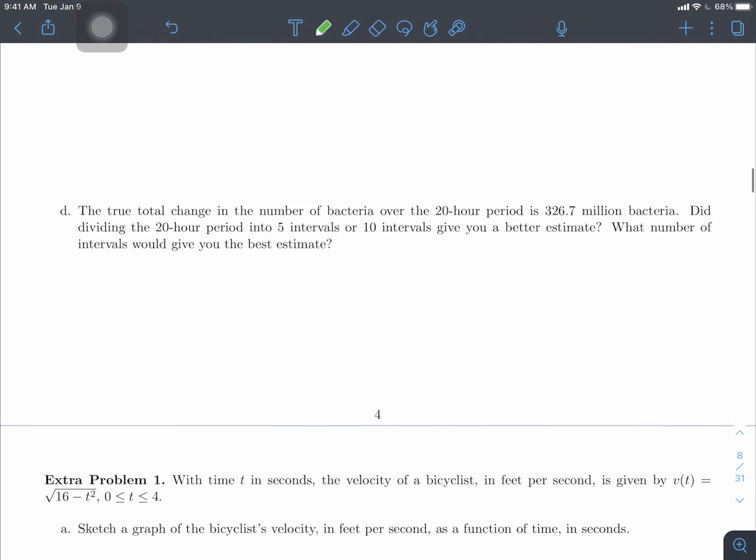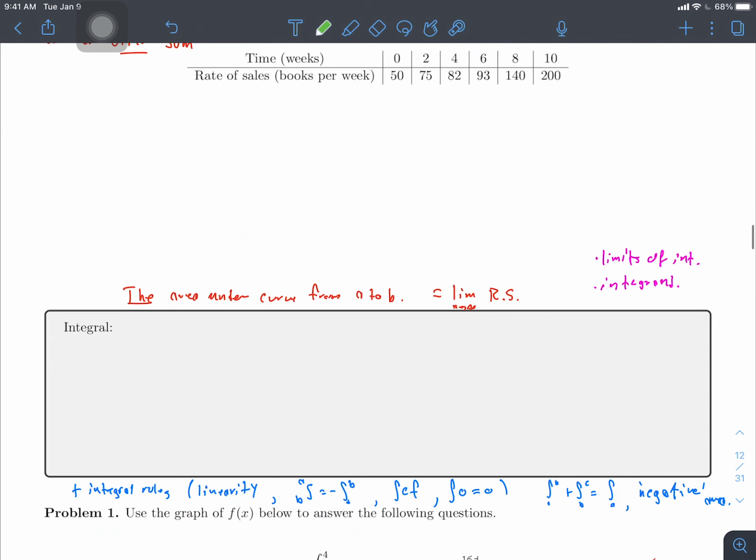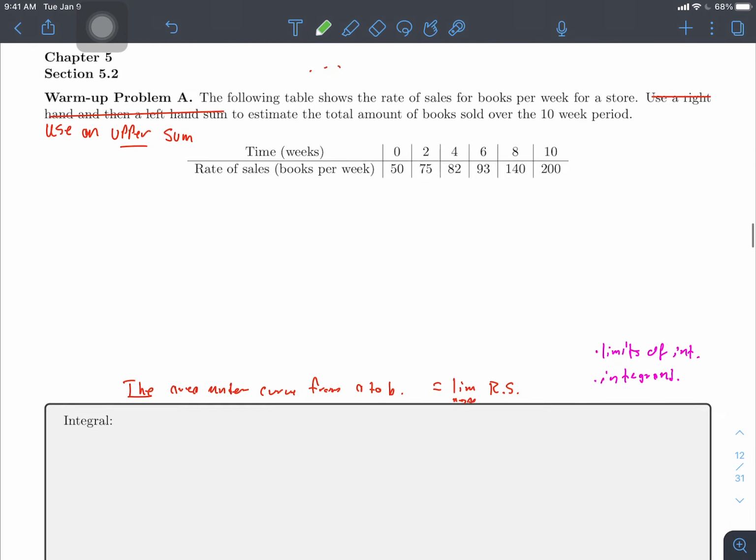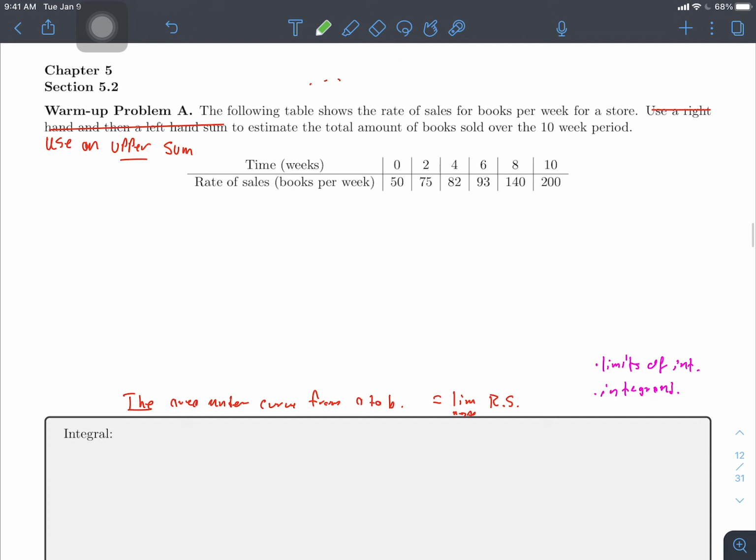So let's just really quickly remind ourselves, before we get into the new material, I want to do this warm-up problem together. The following table shows us the rate of sales for books per week for a store. And we are supposed to use an upper sum to estimate the total number of books that are sold over the 10-week period.